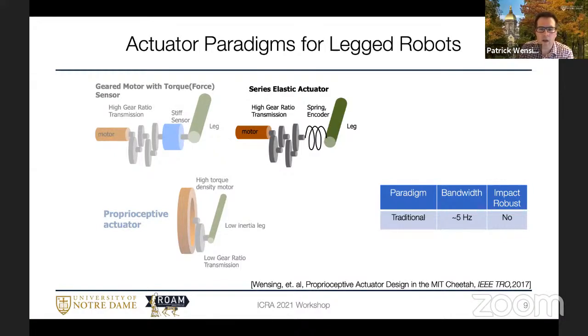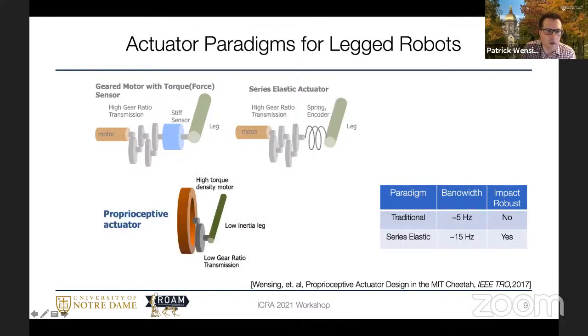By closing a position loop on the deflection of this spring, you can control the torques that are delivered to the leg. I would say 15 up to 30 or 45 hertz, actually, in some of the more recent ones out of Luis Sentis's lab and the like. So here you get a lot of impact robustness, but you do have to fight this spring.